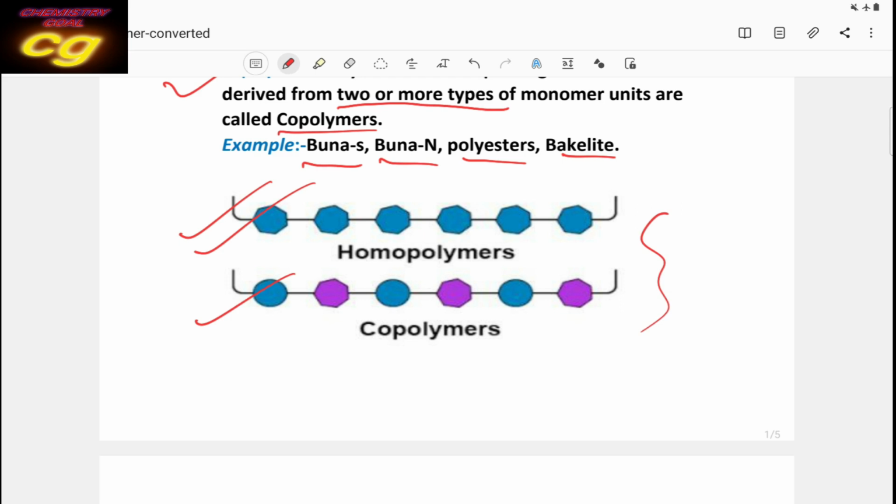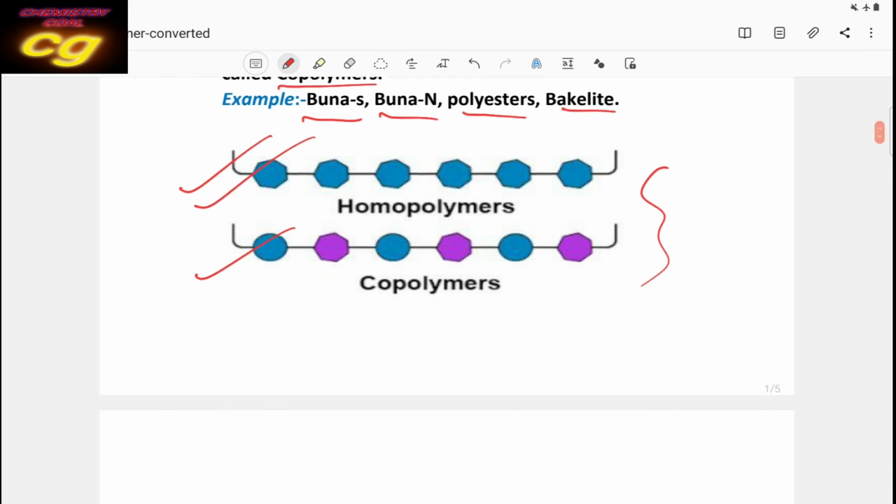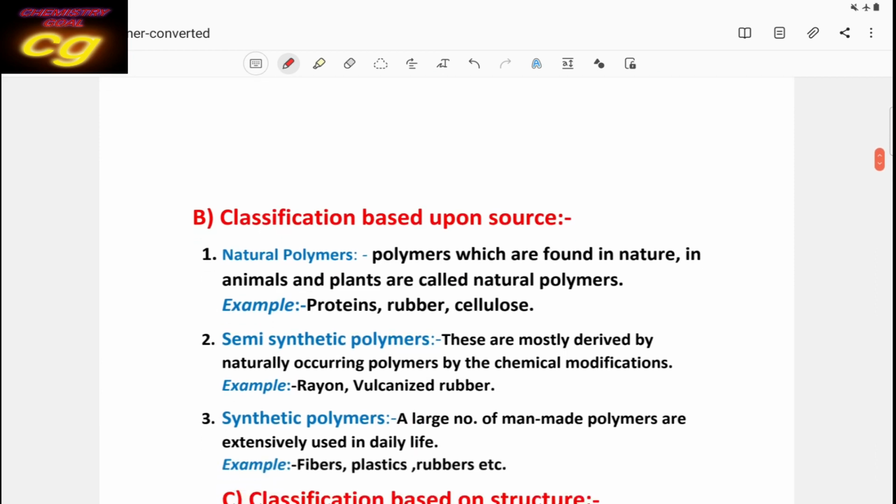Then the second classification is based on source, from where it is produced. Generally these are natural polymer, semi-synthetic polymer and synthetic polymer. Natural polymer means obtained from nature. It is produced automatically from nature, nobody is involved.